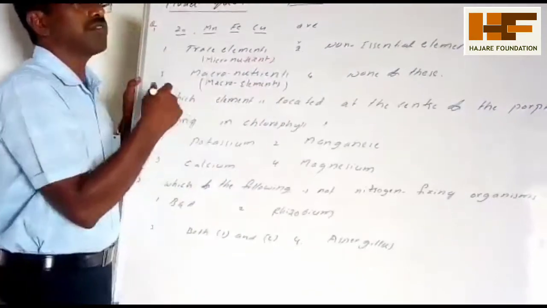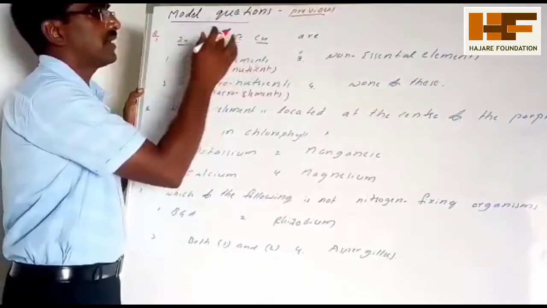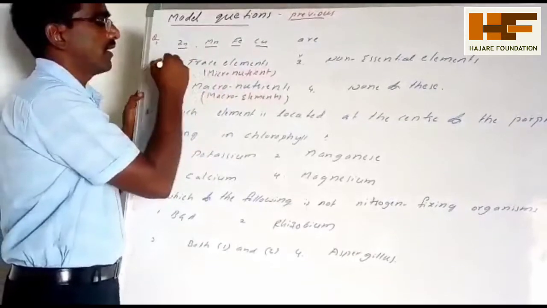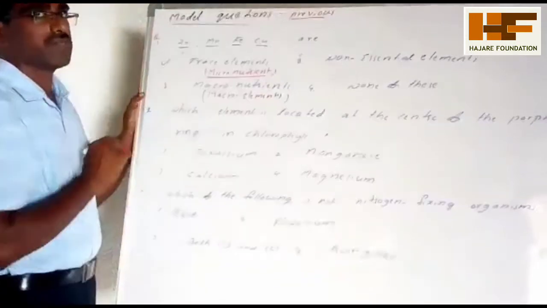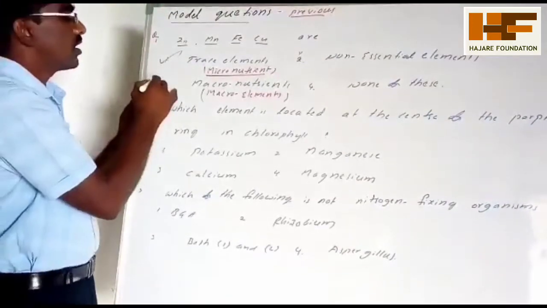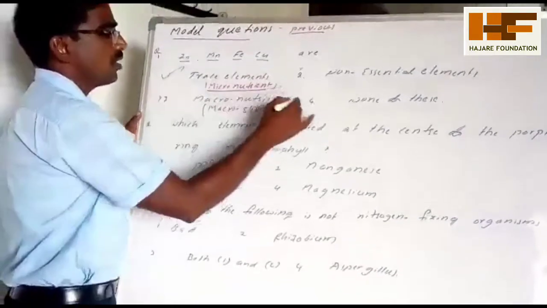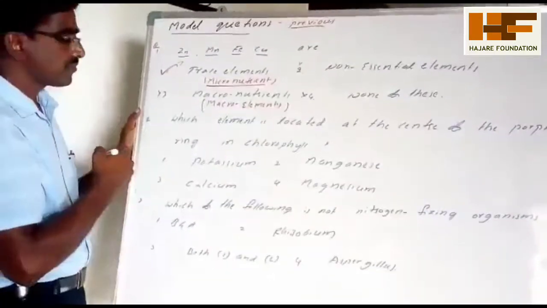They give the substitute names. So out of these, are these four elements trace elements or macroelements? The four elements are trace elements, meaning micronutrients, microelements, not macroelements. So option 2 and option 3 are wrong, the 4th is wrong, as well as the second is wrong. The right option is 1.